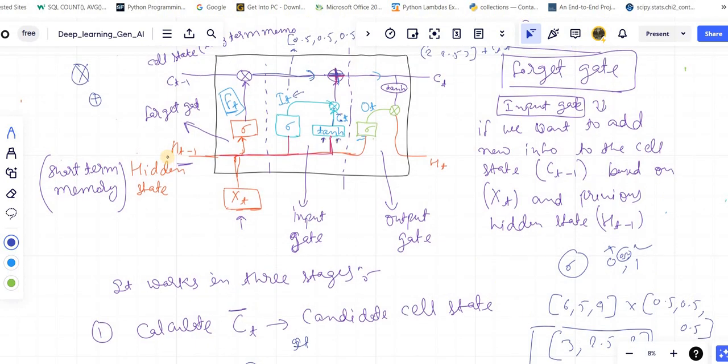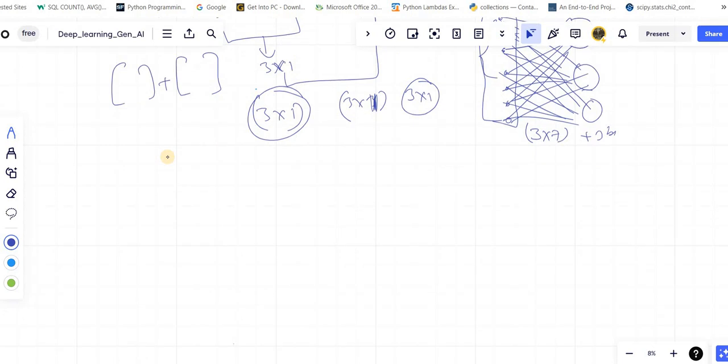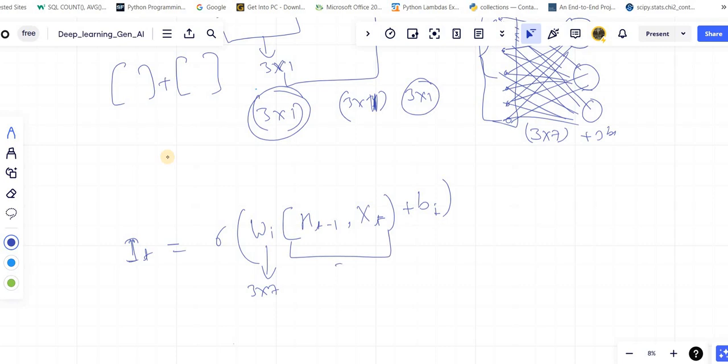Now when tanh got calculated, the same way your IT, this one will get calculated with the sigmoid, and in the sigmoid WI is the weight of the input gate, and then it's a combination of ht minus 1 and xt, plus the bias of the input gate. That's it. Again, this one will be 3 cross 7, this is 7 cross 1, and this is 3 cross 1.